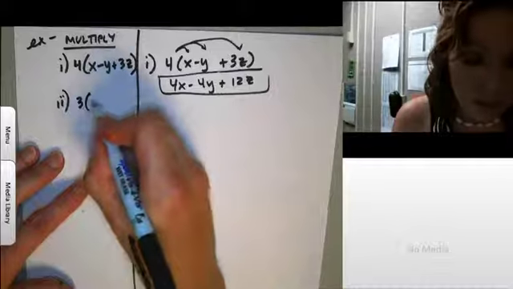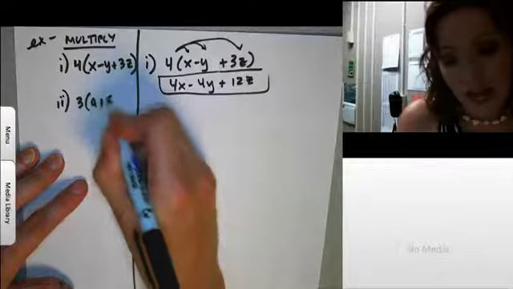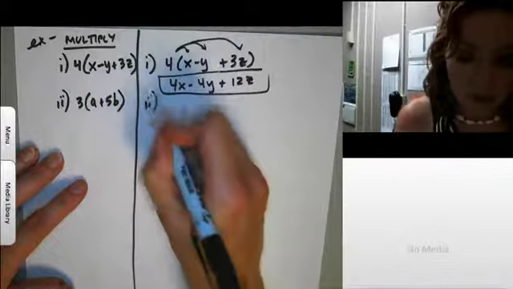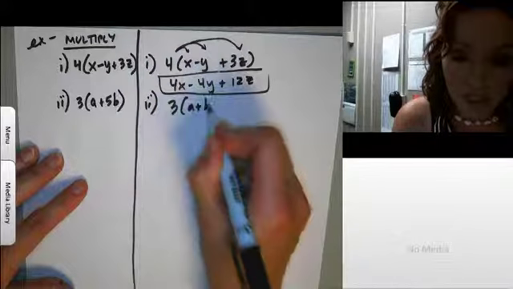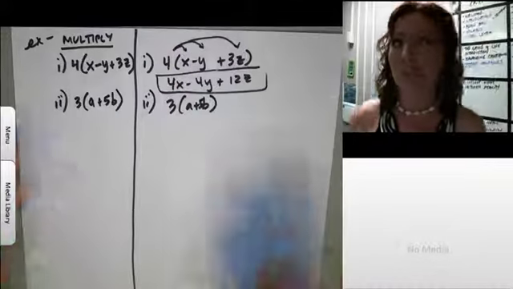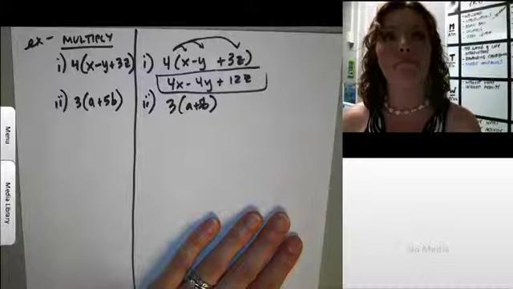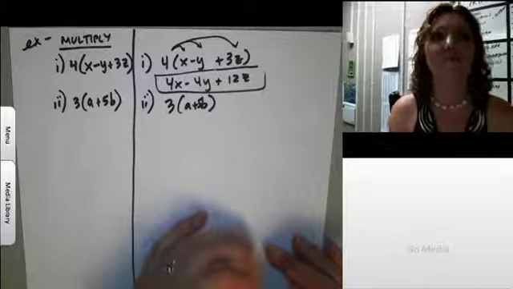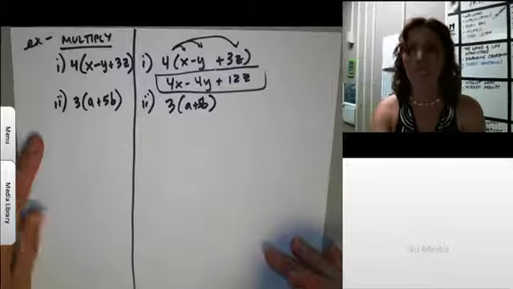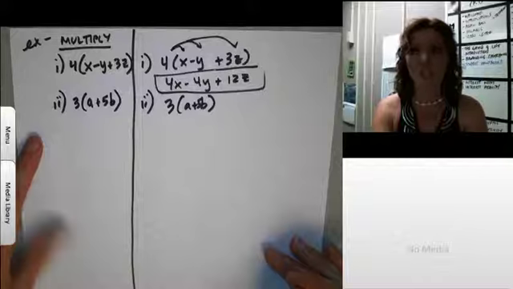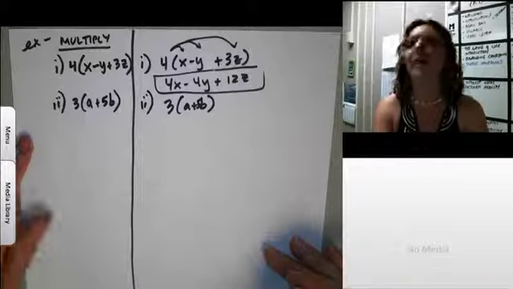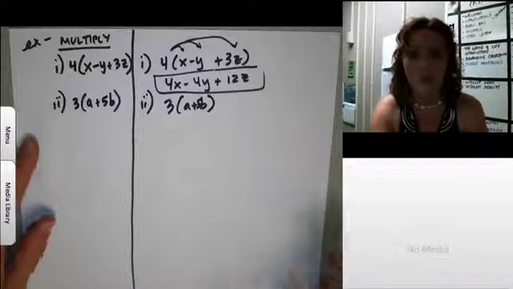Okay. 3 times a plus 5b. So 3 times a plus 5b. Okay, so everybody take a look at that. Raise your hand if you have some idea about how to multiply that. It's the same exact thing as the last problem, just different numbers.